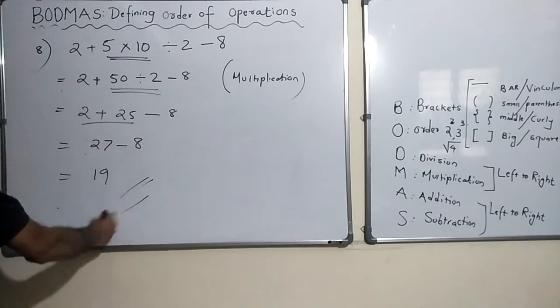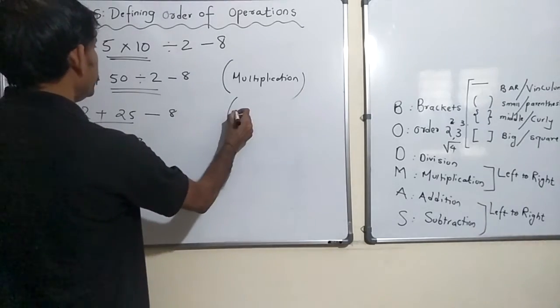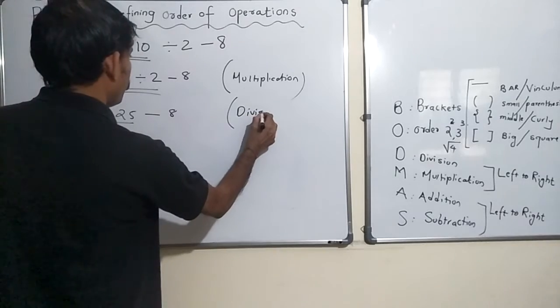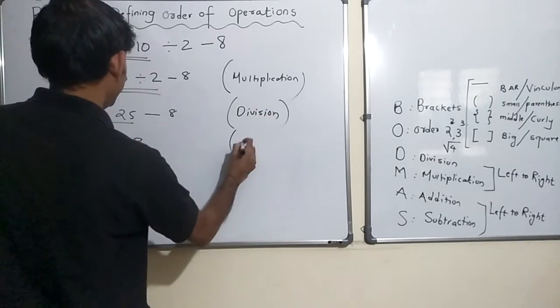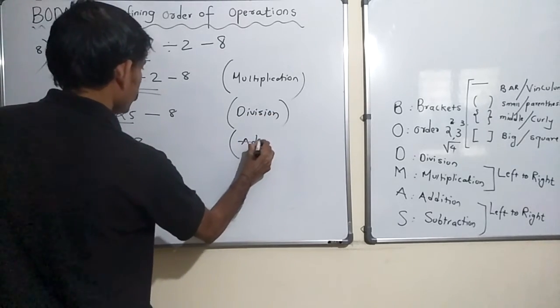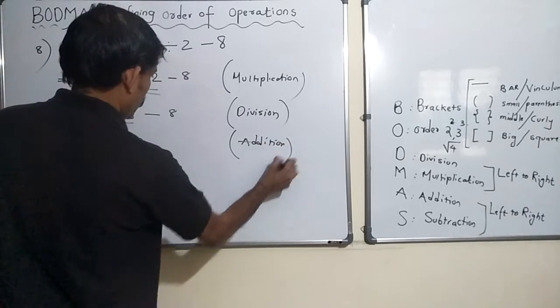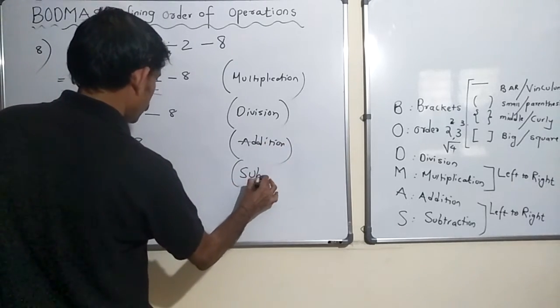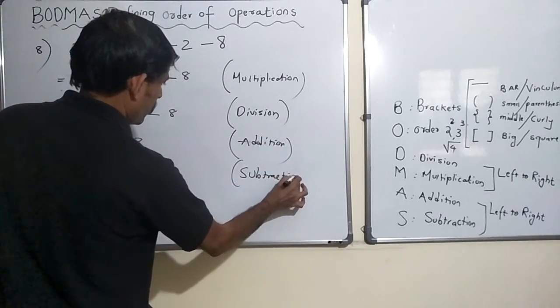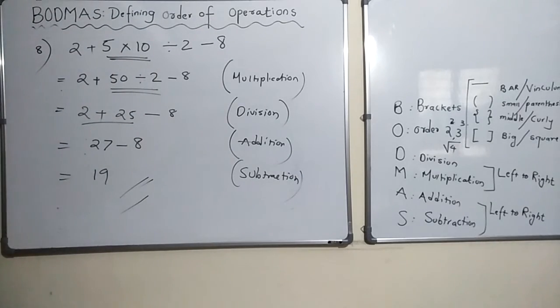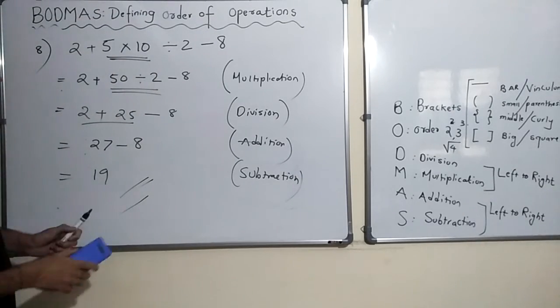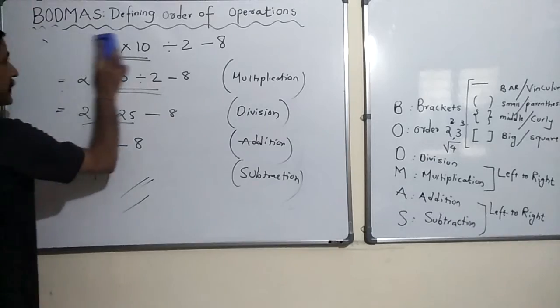Is that the answer? Right. So what did I do here? I did division. I did addition. And I did subtraction here. All right. So that brings me to the last problem, the 9th one, and we'll take a look at that.